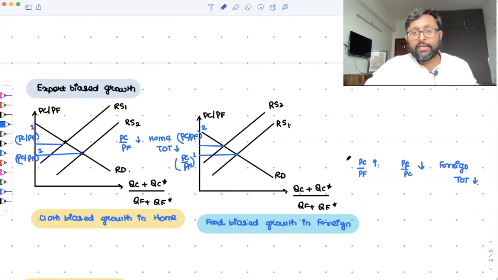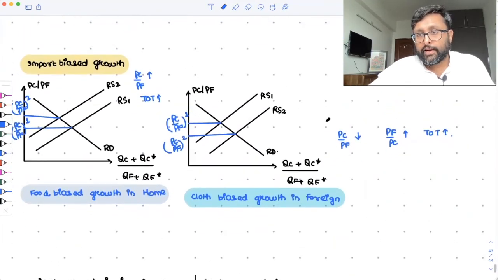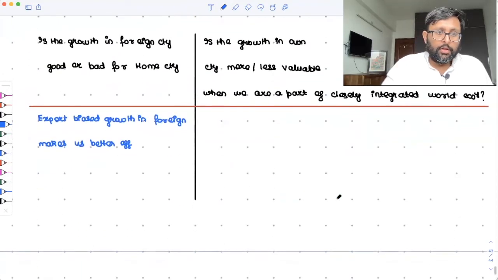While if there is an import bias growth in the foreign country, their terms of trade is going to increase. Don't think that they are happening at the same time. I've just given you different examples. So when there is an import bias growth in the foreign country, that is going to harm us, because their terms of trade will increase and our terms of trade is going to fall.